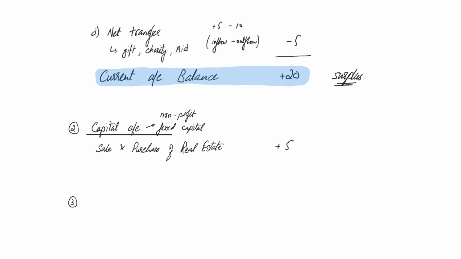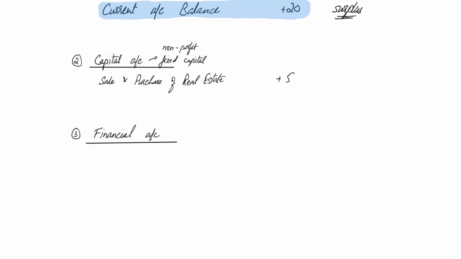And then the third account, which is the financial account. So the financial account records all the investments for profit motives mainly. So if you're doing foreign direct investments, if you're giving loans, if you're buying Google shares for profit purposes, so let's suppose that's about plus 10 for this.